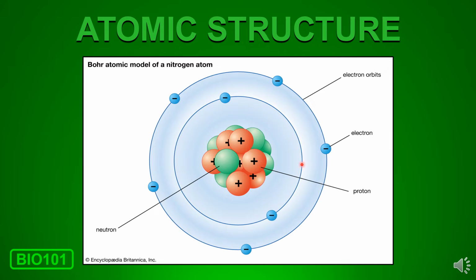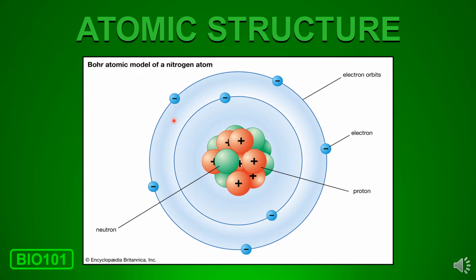So, if you look at this little model here, there's 1, 2, there's 3 hidden back there, there's 4 over there, 5, 6, 7 positive charges, so 7 protons. So therefore, we would expect to see 7 electrons. So we have 1, 2, 3, 4, 5, 6, and 7. And so we have a neutral atom here.